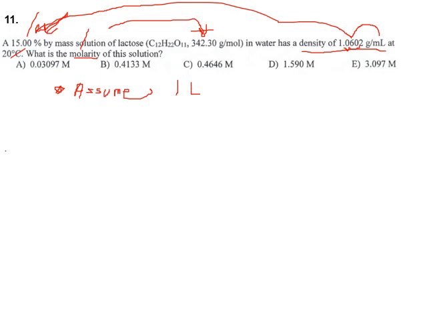To get the denominator, all we need to know is how many liters we have, but we already know that, because we assumed 1,000 milliliters, or 1 liter. So the bottom part of the fraction is just 1 liter, and we're basically finished. We just convert to moles and divide by 1, which won't change the answer. So let's go to the next slide.